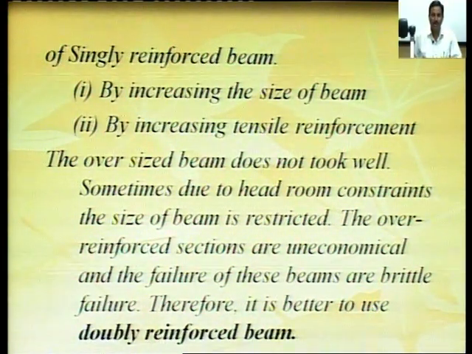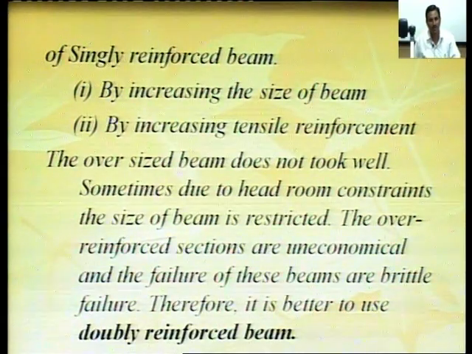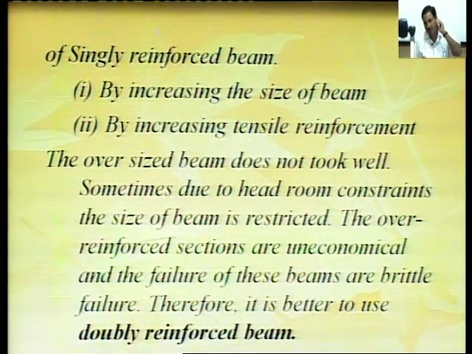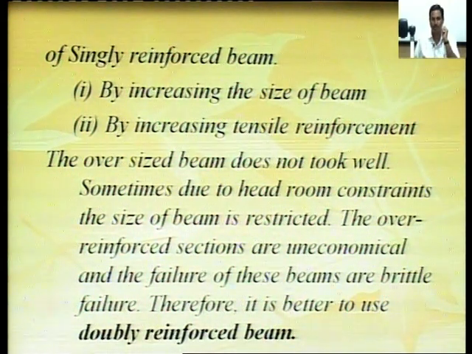In the second method, the over reinforced sections are uneconomical, and the failure of these beams is brittle failure. So when we increase the area of tensile reinforcement, the section becomes uneconomical, and these types of sections fail due to concrete failure, and concrete failure is brittle failure. Therefore, there is no sufficient warning sign before the final collapse. Therefore, it is better to use the doubly reinforced beam.